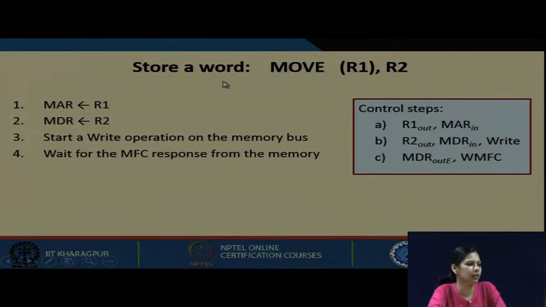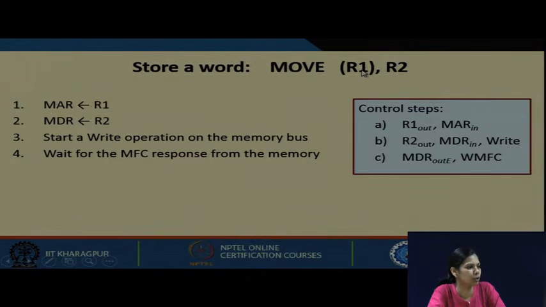For storing a word, two things are required. One is that the particular address where we need to store should be in MAR, and the data we need to store should be in MDR. Here, R2 must be stored.